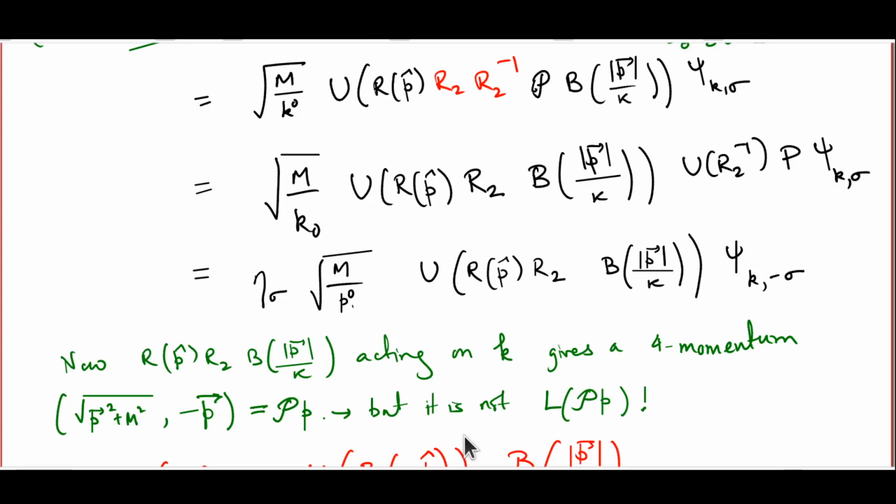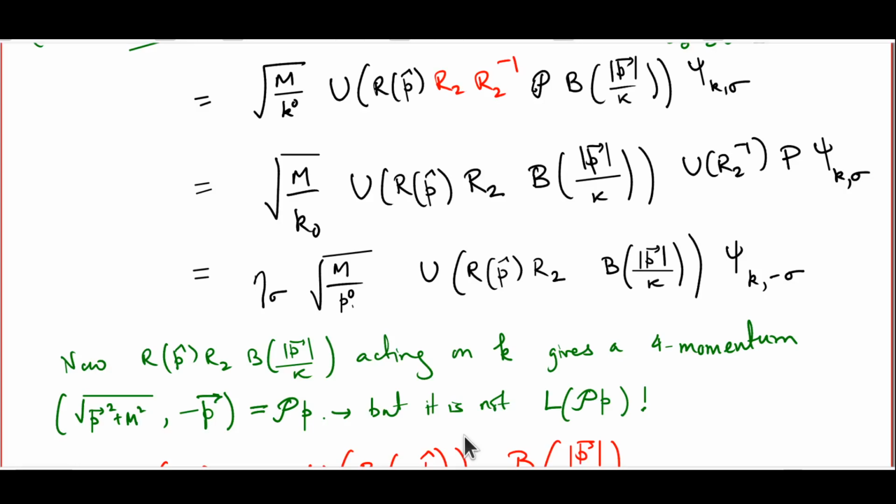Of course, the two rotations do not affect the zeroth component of the 4-momentum at all. So you end up with root over p square plus m square as the zeroth component of the 4-momentum as before. And this is nothing but what the parity Lorentz transformation does to p.